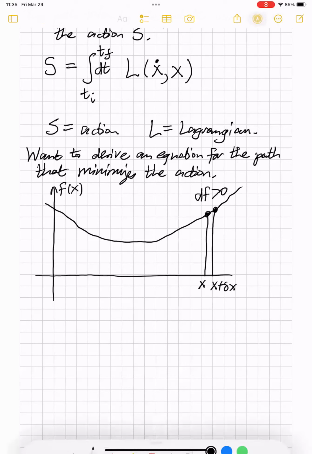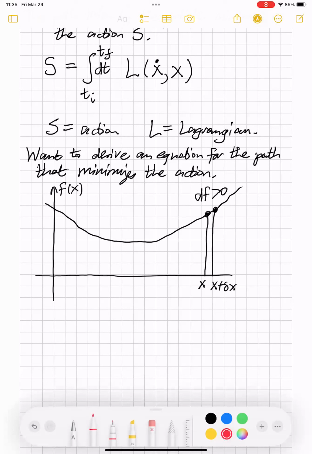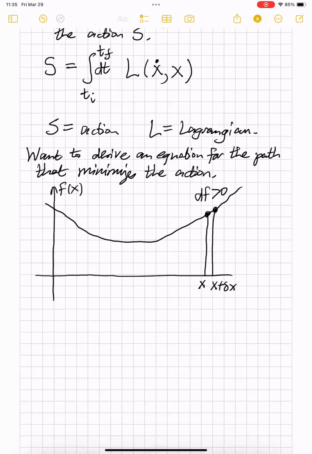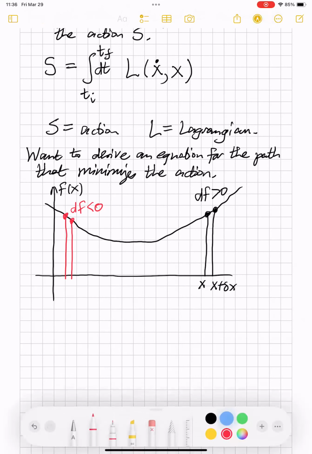Let's pick a different point. Let's maybe consider a value of x somewhere over here. Okay? Now, x plus delta x will be just next to it. And what you can see here is df is less than 0. So if the function is decreasing towards the minimum, df is less than 0. If the function is increasing towards a maximum, df is greater than 0.